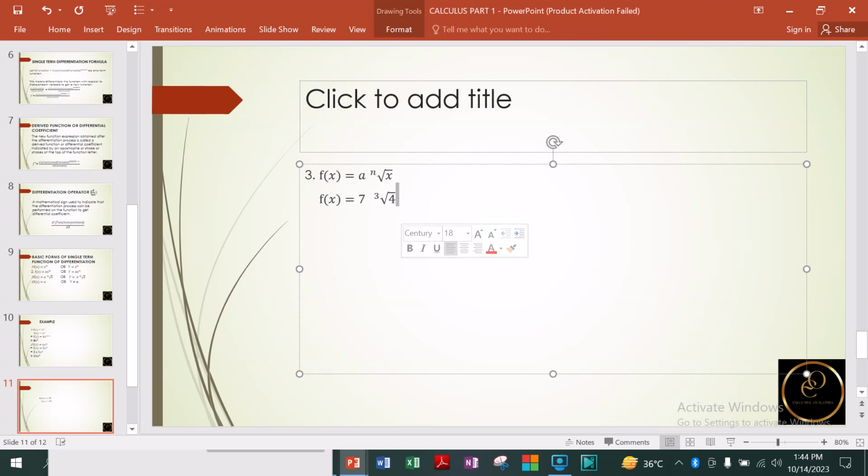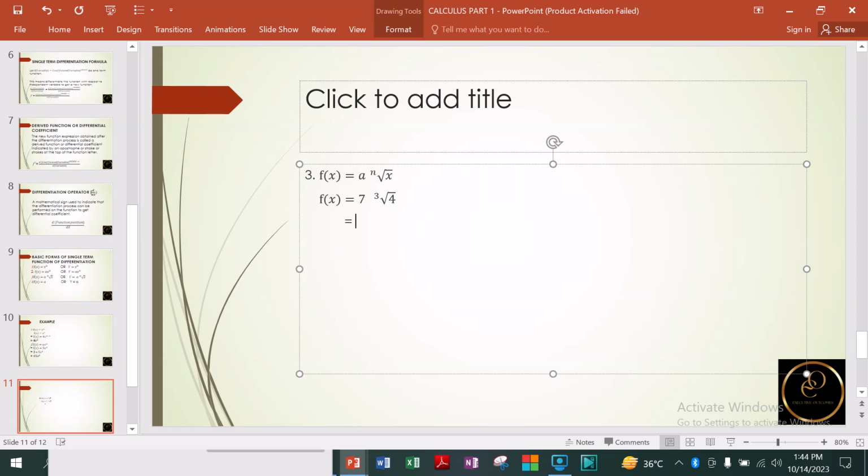Okay, how do you solve this problem? You convert it in this manner.